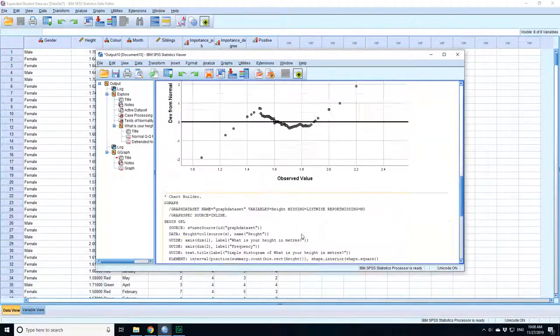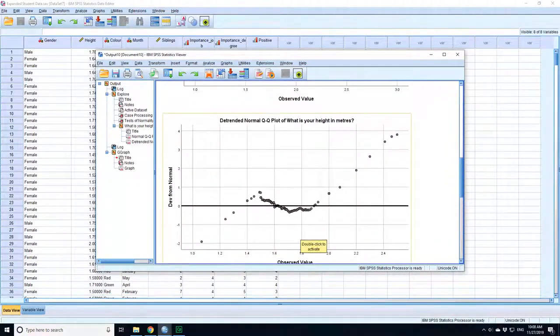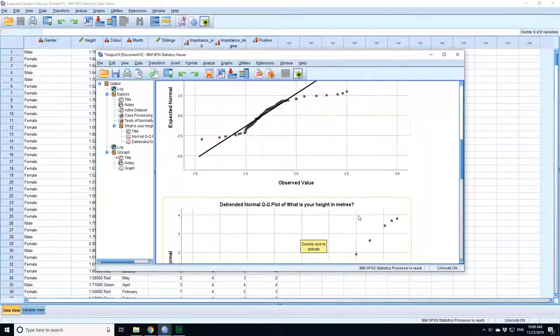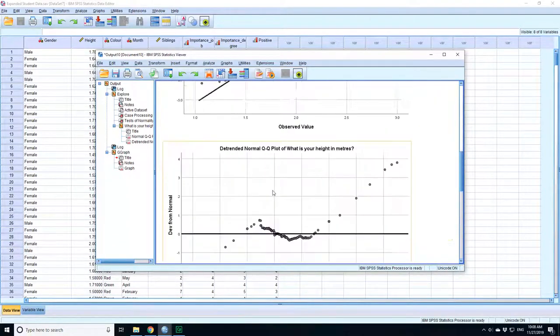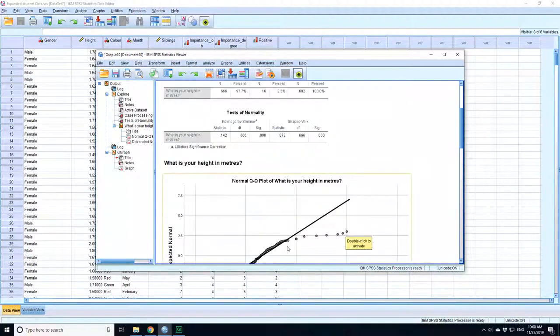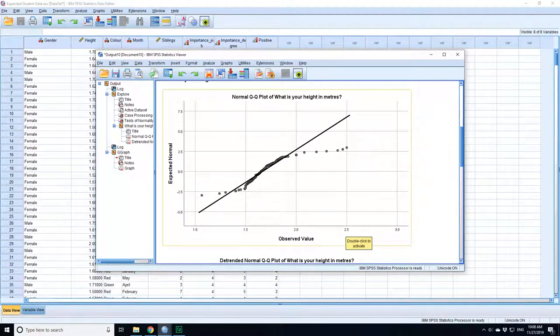So here you have to make a decision whether you're going to treat these as outliers and exclude them from your data set, because the histogram really strongly suggests that it is normally distributed, even though Kolmogorov-Smirnov and even the QQ plot are saying you've got problems because of these particular values.